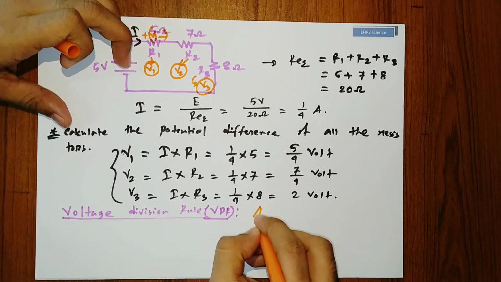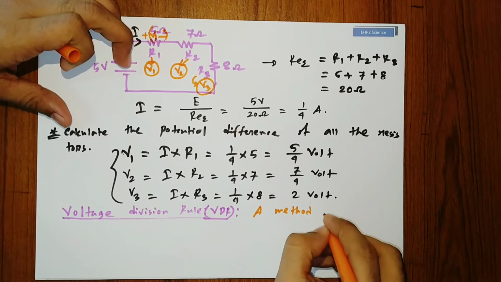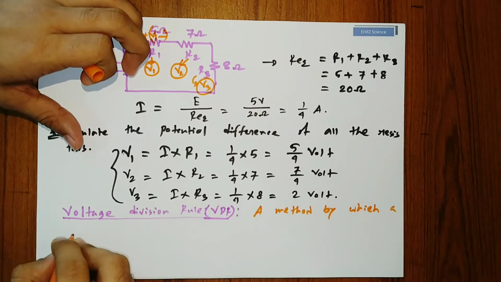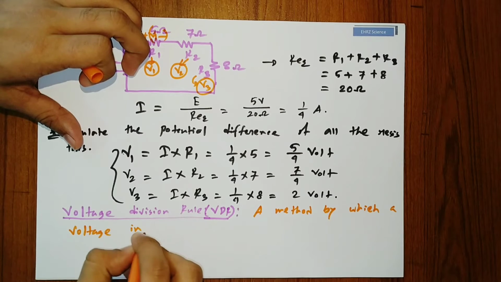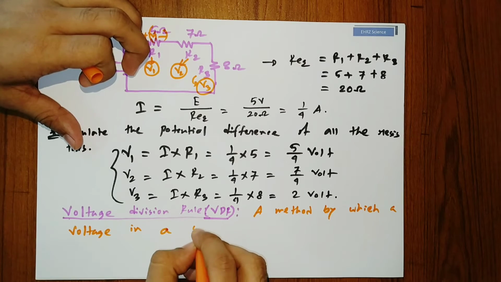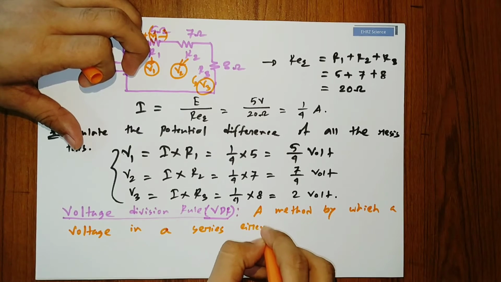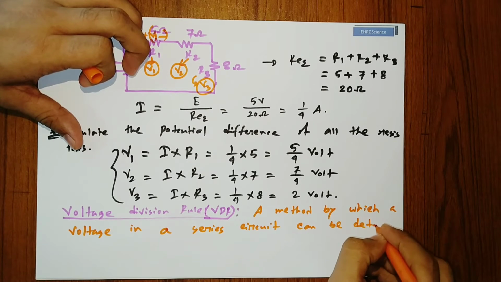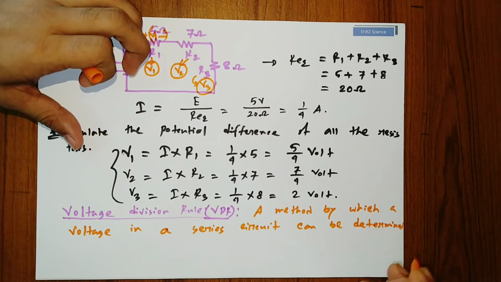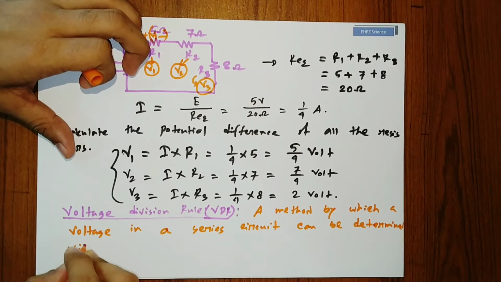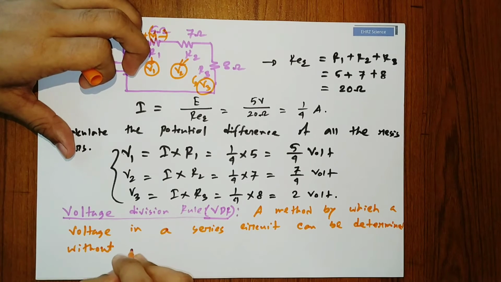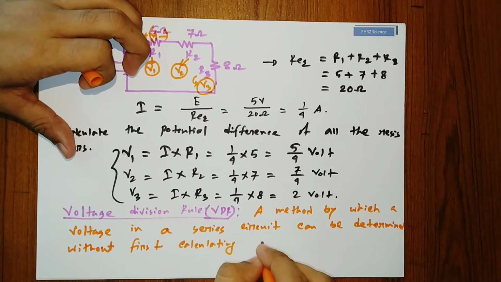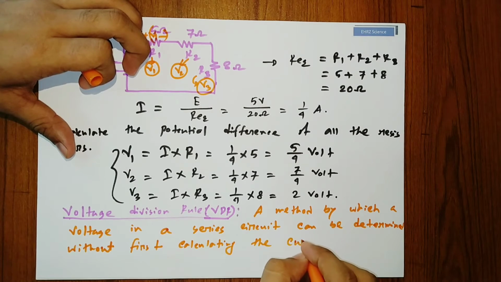So the rule is a method by which a voltage in a series circuit can be determined without first calculating the current in the circuit.